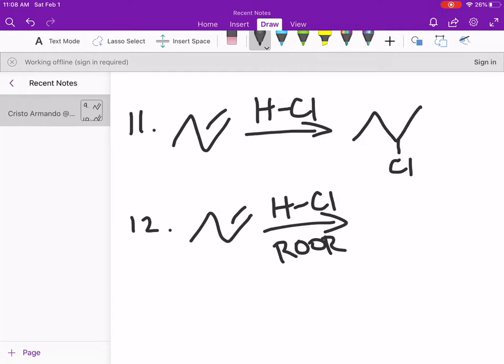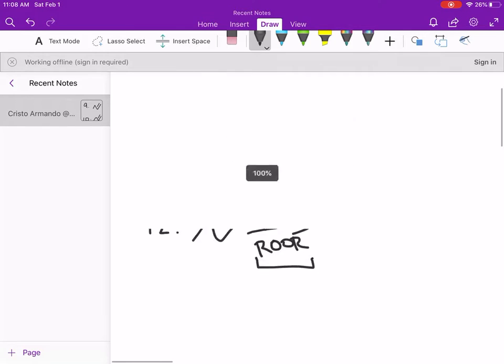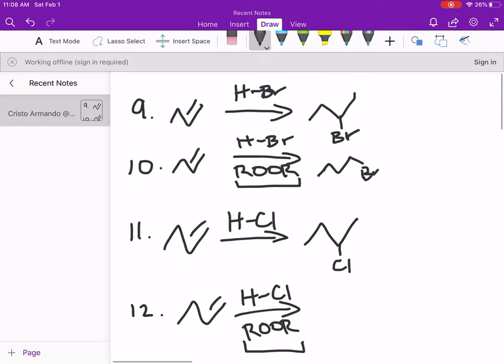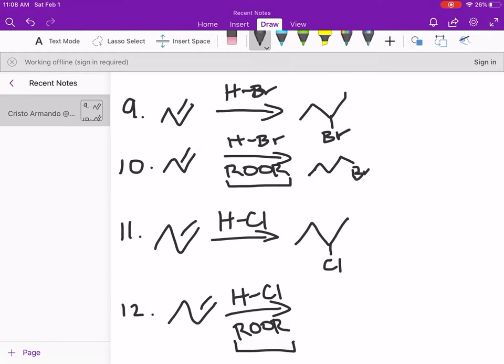And perhaps for number 12, we're thinking that it's going to also add in an anti-Markovnikov fashion, just like number 10 did, right? But in this reaction, chlorine is actually going to add in a Markovnikov fashion, no matter this catalyst right here. So, oops, that was a mistake.